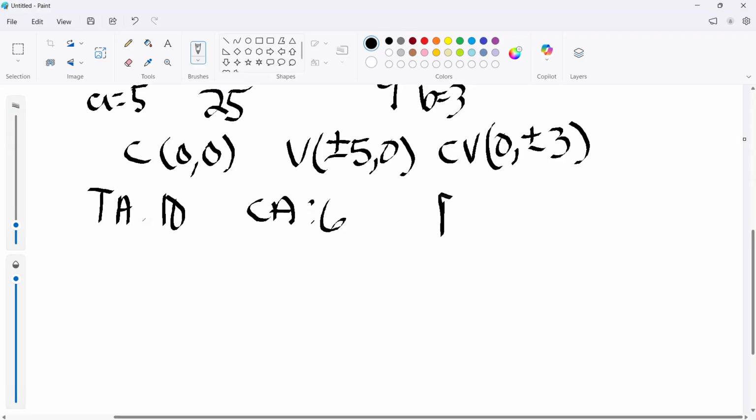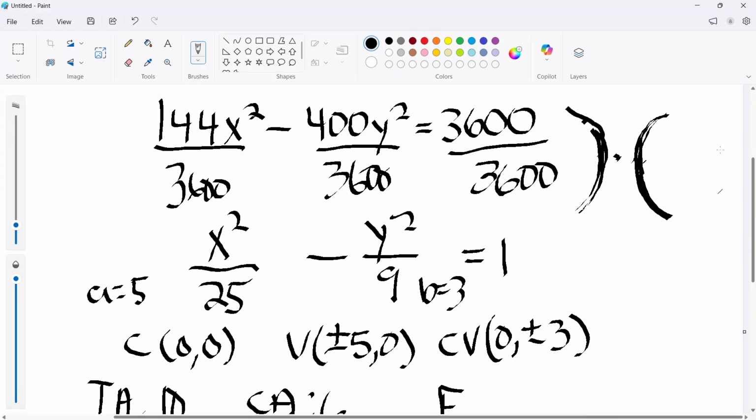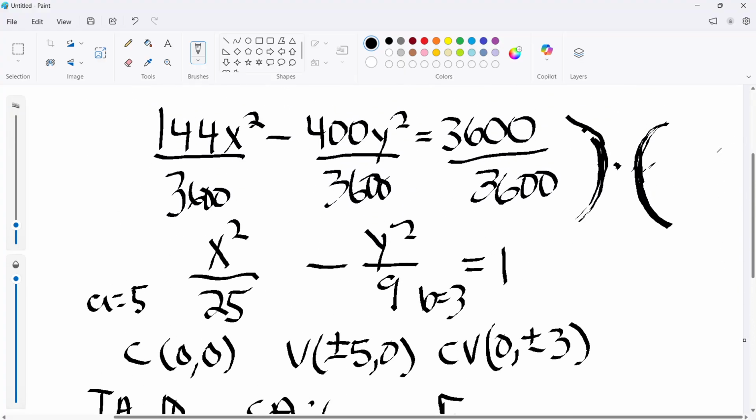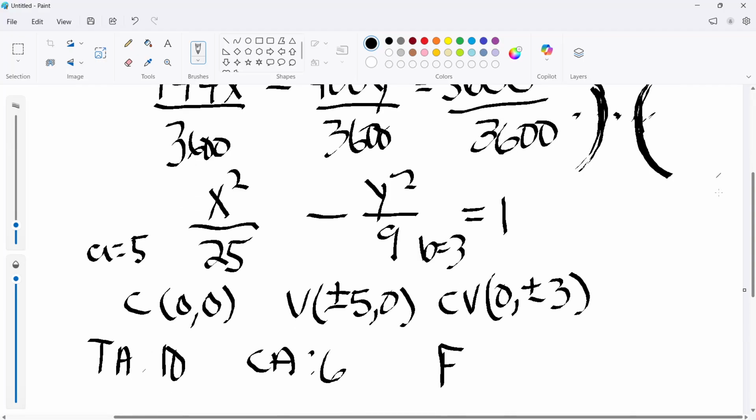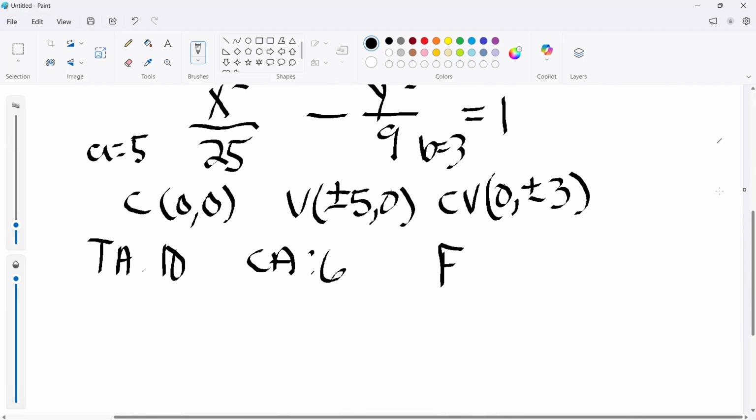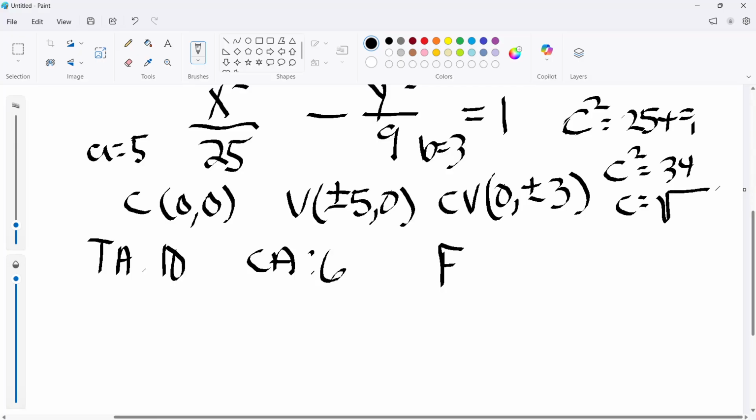Oh, that's right. I want the foci. The foci are going to be a little bit further than the vertices, so they're going to be added or subtracted from the x component, and it's c. So remember, this is the Pythagorean theorem. C squared equals a squared, which is 25, plus b squared, which is 9, which is 34. C squared equals 34. So c is square root of 34.